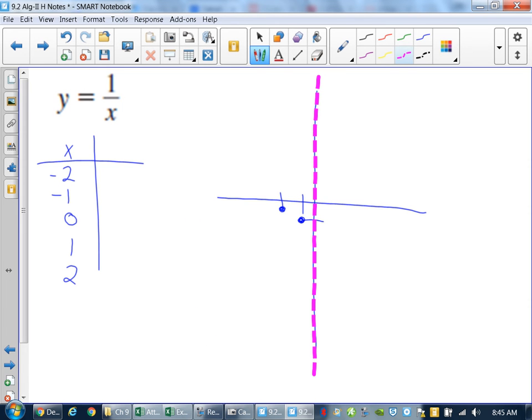All right. And then if I keep going, at 1, it's 1. At 2, it's 1/2 again. What happens if you divide by a fraction? What's 1 divided by a half?